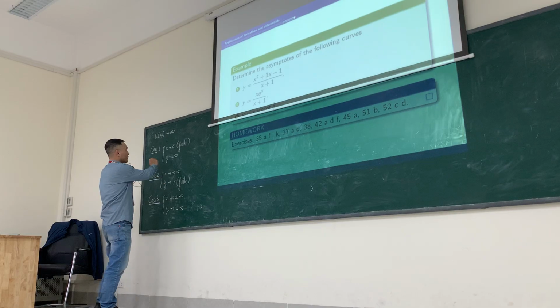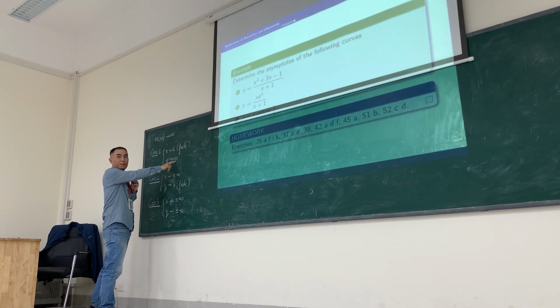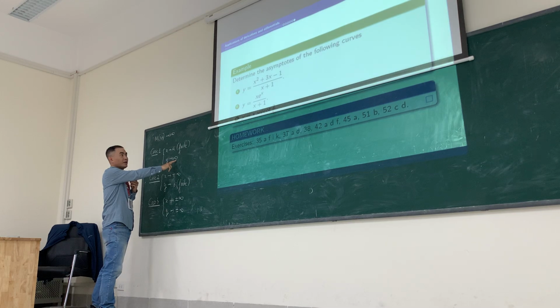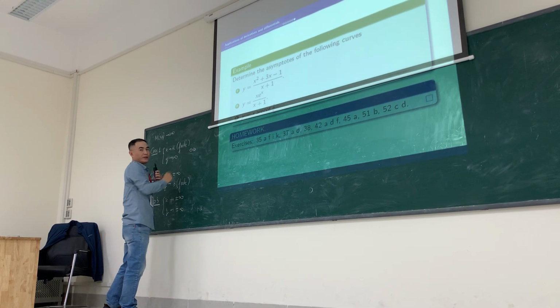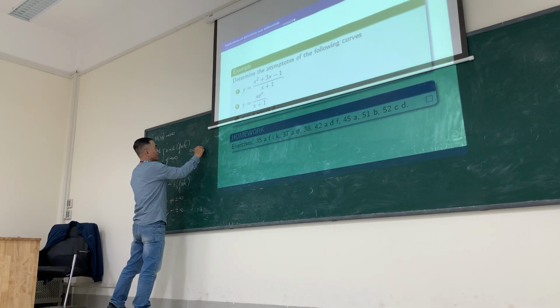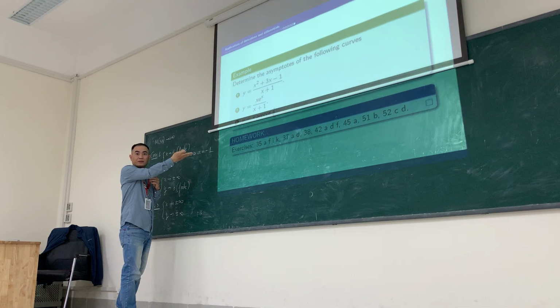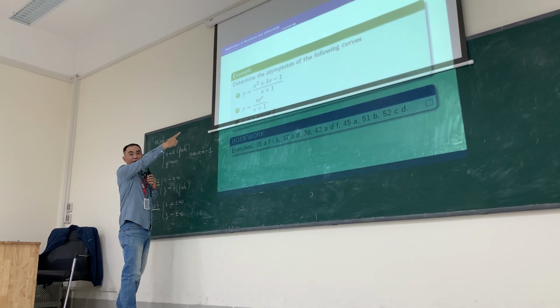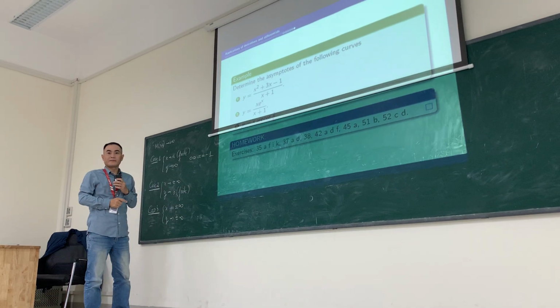So K1: y tends to positive and negative infinity when x tends to A. Here this corresponds to A equals negative 1. Only 1. A equals negative 1.